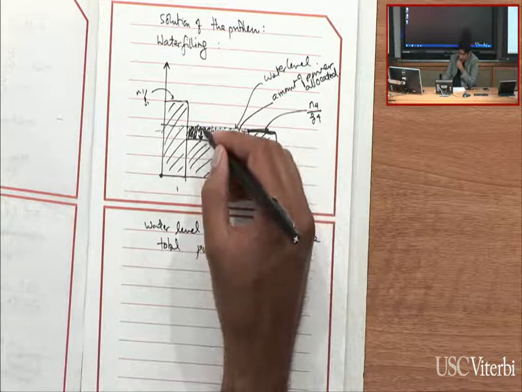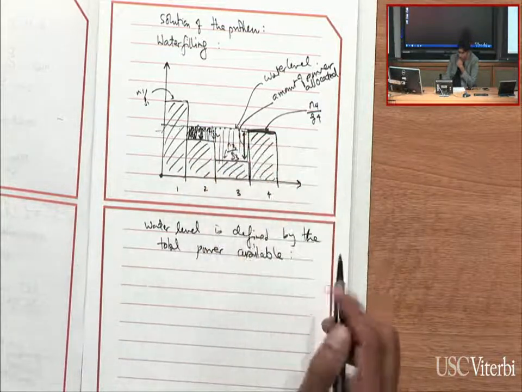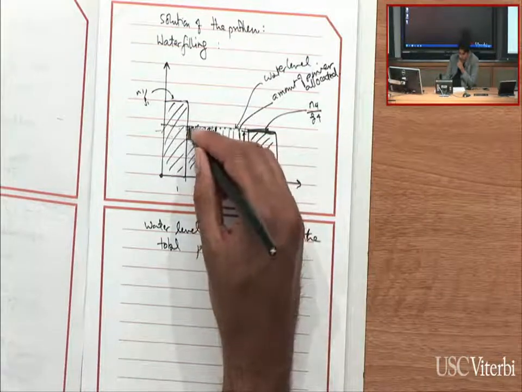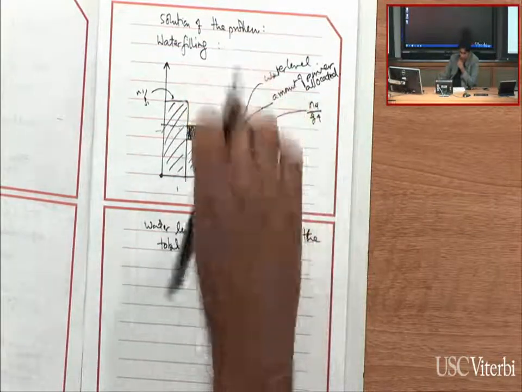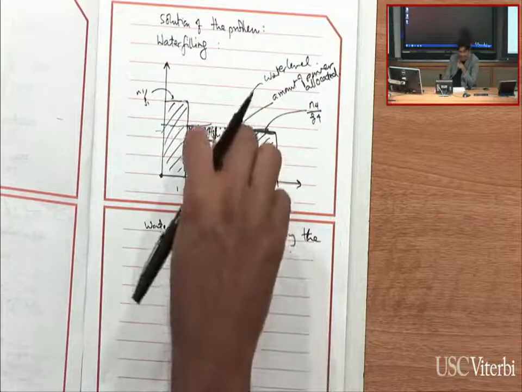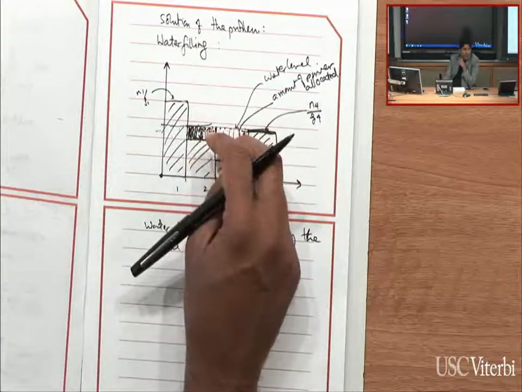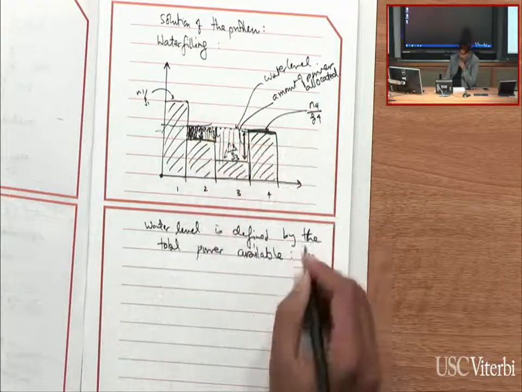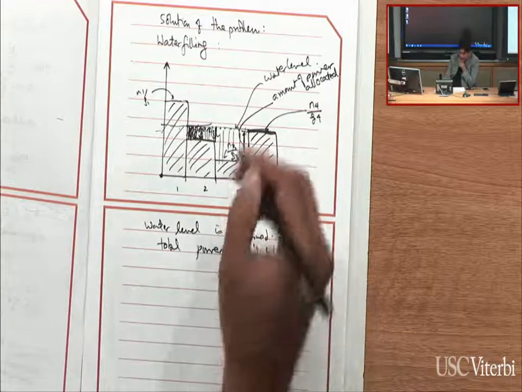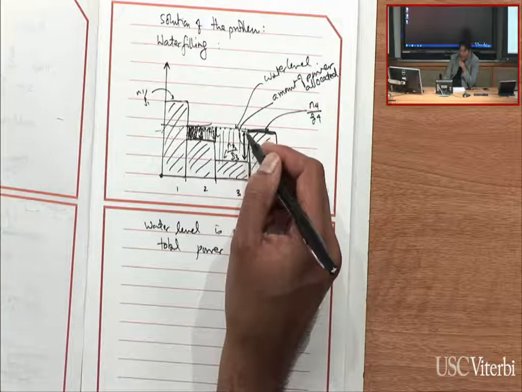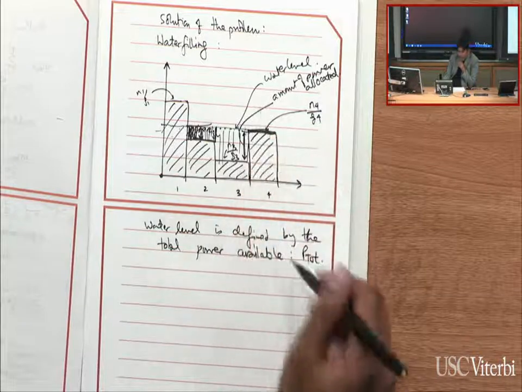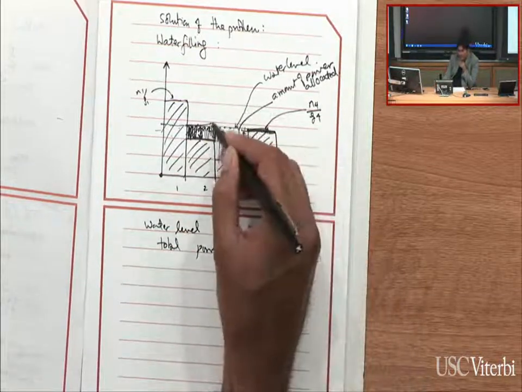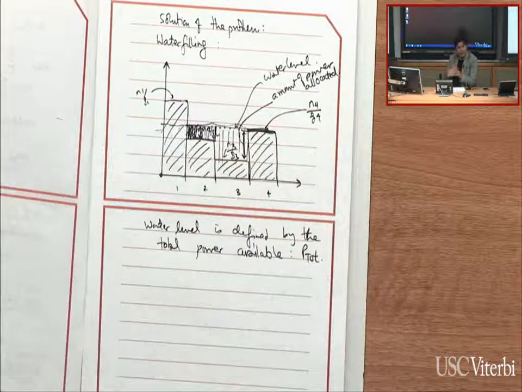Kind of imagine this water as vertical stripes. So on this channel, you allocated a certain amount of power. On this channel, you allocated a certain amount of power. These two must add up to the total power level that you have. And subject to that total power level, you're allocating it in such a way that it forms a common water line across all of the channels.